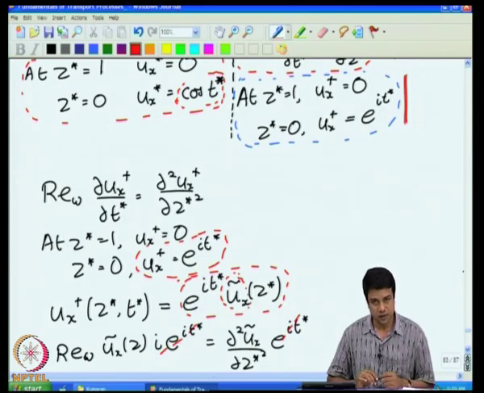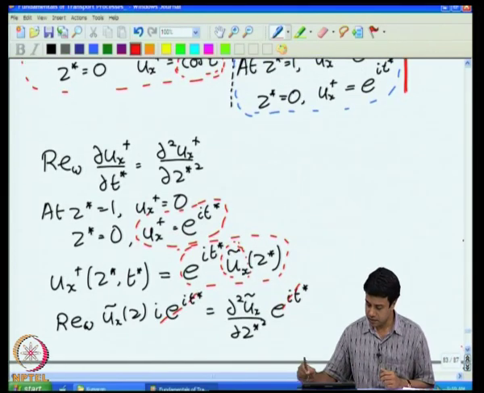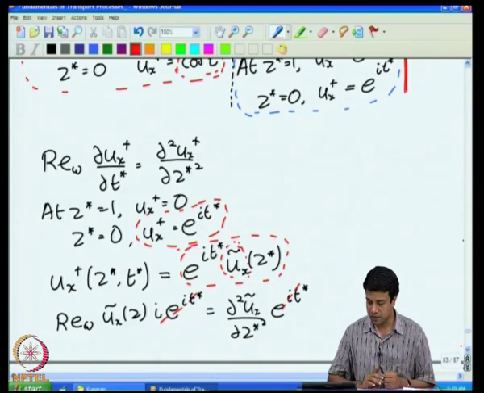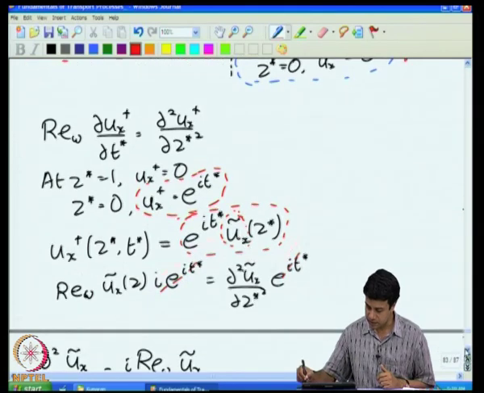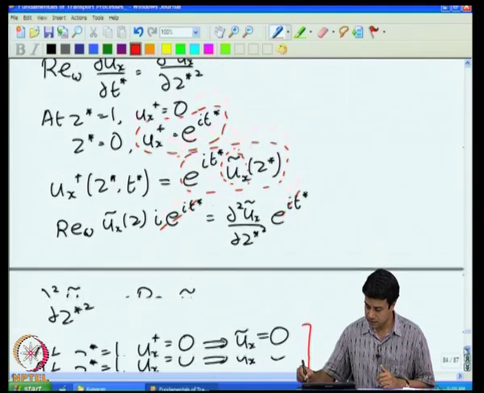And since I know the dependence on time exactly, I can do the time derivative, and I finally get an equation which is dependent only upon the z coordinate. It is a second order differential equation, can be solved quite easily as we saw in the last class. Okay.